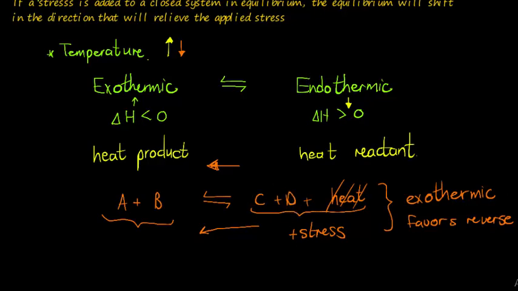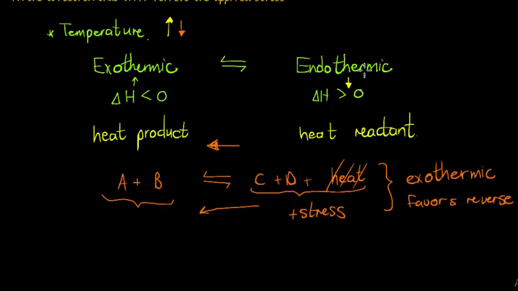Now obviously the complete opposite works for an endothermic reaction. If I have A plus B, endothermic means I need to add heat for this reaction to occur, and then C plus D. Now if I increase temperature, if I add more heat, I am adding more reactants.